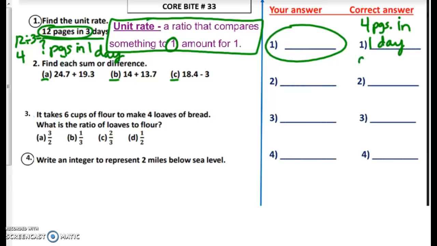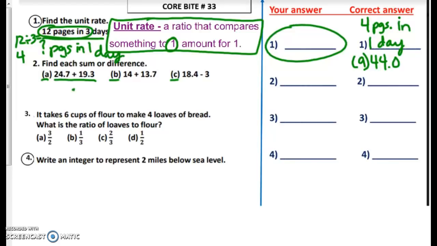Okay, for A, 24 and 7/10 plus 19 and 3/10, you should have 44 as your answer, or 44.0. Now, if you did not get 44, then you need to, at the bottom of your paper or wherever you have some blank space, rework this problem with me.